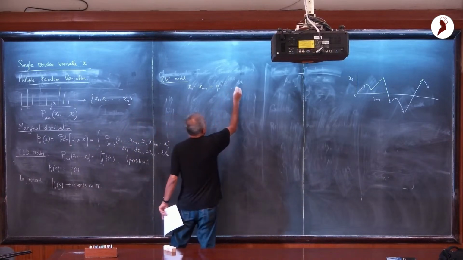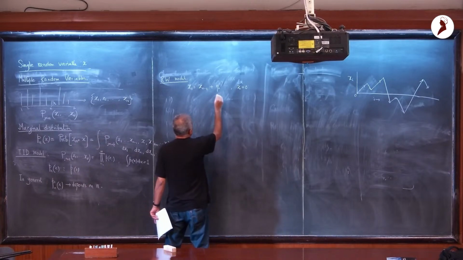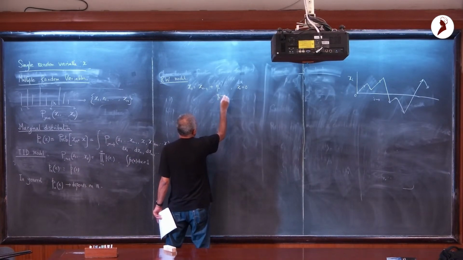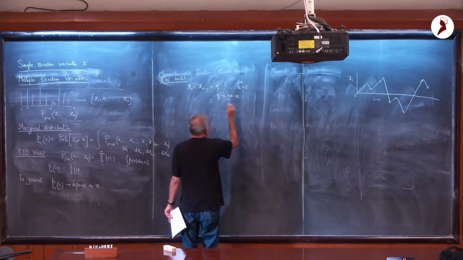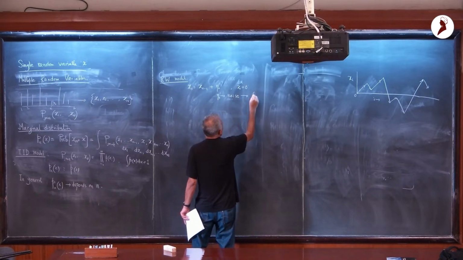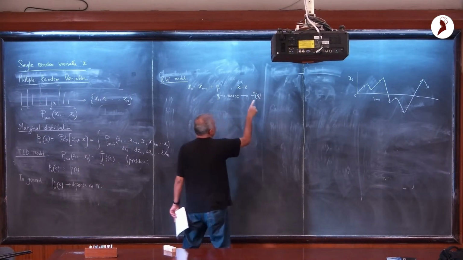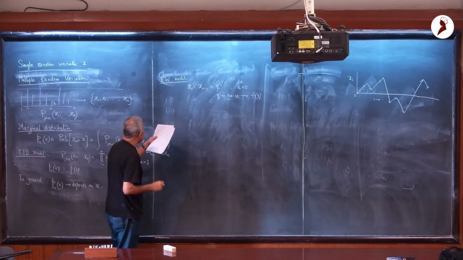So I start at the origin, and these eta n's are noise, or increments as they're called, and each of them is distributed independently from step to step by f of eta. So f of eta is the distribution of the noise, not the distribution of xn.